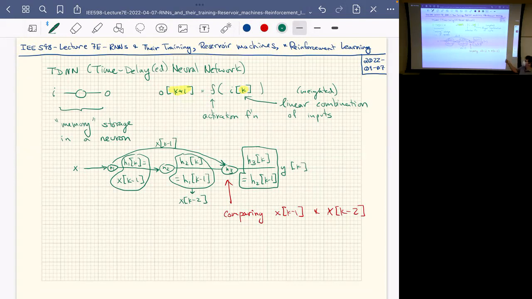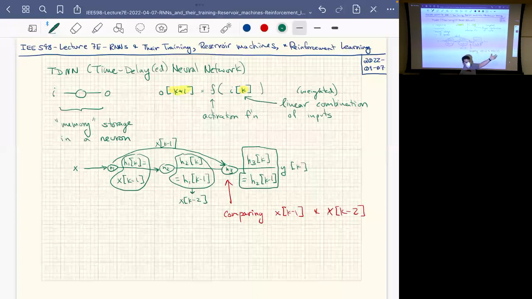I could set up an activation function on this output which only activates when certain things are true about these values: when they're both equal, when the average of them is above a certain value, and so on. By setting up a function of these past versions of the input, I can look for patterns in time.